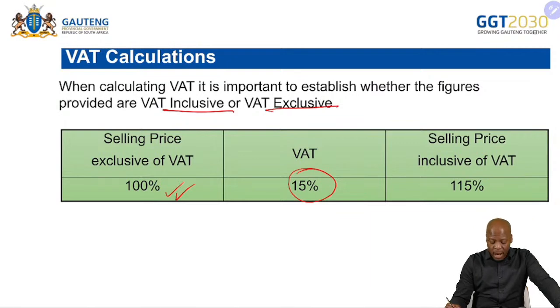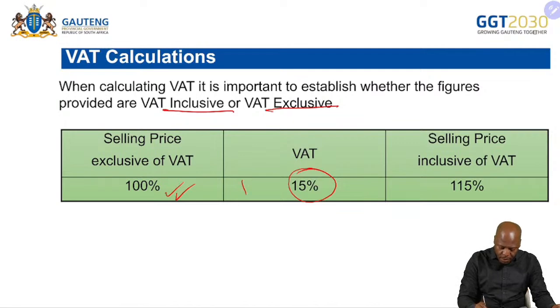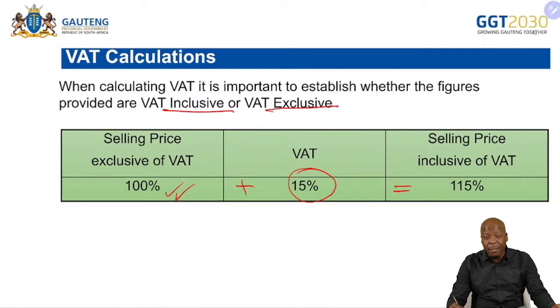So when I have my VAT exclusive, which is 100%, I would then add the 15%, which is the VAT, all right? So I add the 15% here, and then you end up with your 115, which now becomes your selling price, inclusive of VAT. In other words, it now includes VAT.